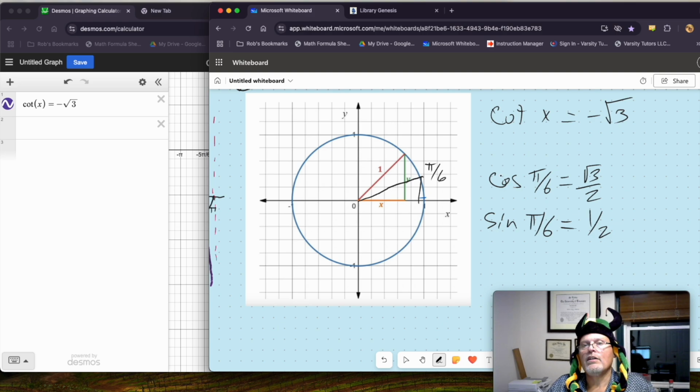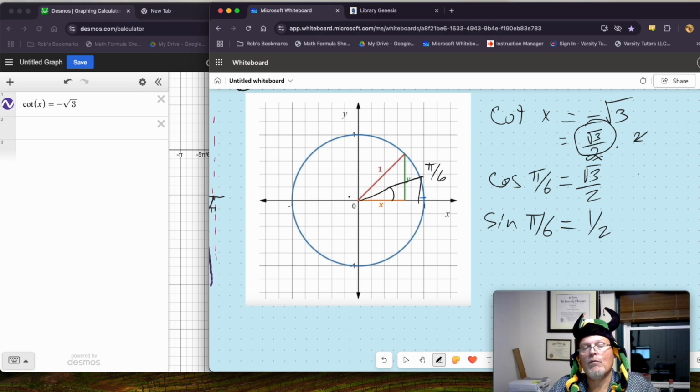And so if I look at cotangent, which is cosine over sine, I'm going to have square root of 3 over 2 times the reciprocal of 1/2, which is 2, and that gives me the square root of 3. So here, where the cosine and the sine are the same sign, my cotangent is going to be that positive root 3.